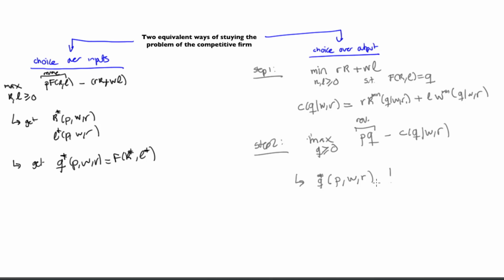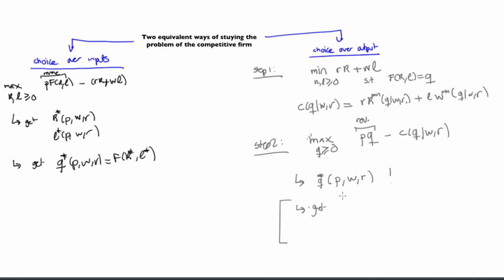So notice that in both cases you end up with the amount supplied, and in the first case you did it by characterizing the inputs first. In this particular case you do it by maximizing your revenue minus your cost given knowledge of the cost function, and then if you want to know the input demand, you know the level that gets produced, so you can back up the input demand.